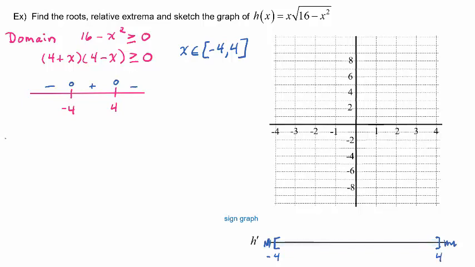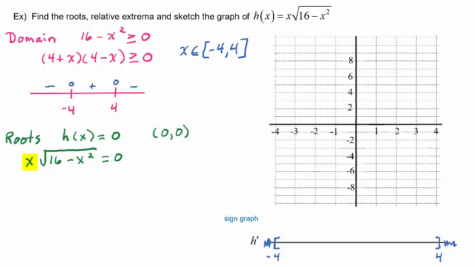Next, we can find the roots. And we know in order to do that, we set the function equal to 0. So we will set x radical 16 minus x squared equal to 0. So from here, we would get x equals 0. So we know that's a root of 0, 0.